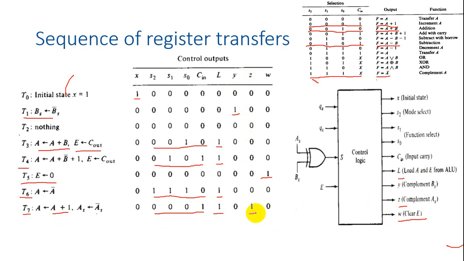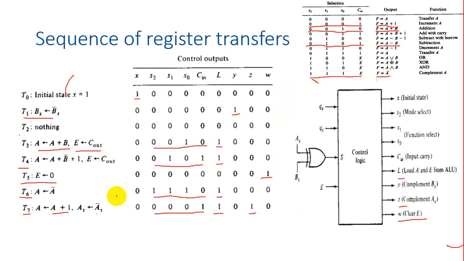So what have we done? We have written the control word or control output for different clock states T0 to T7. So now we have a table that will be the part of our microprogram. That means in our microprogram, at different clock state, this will be the control word output.